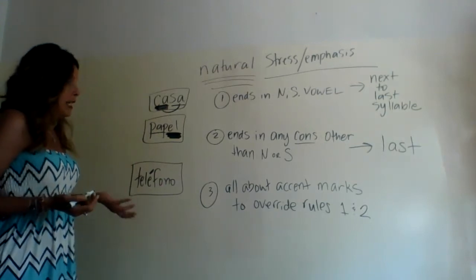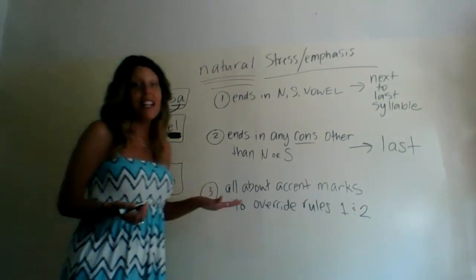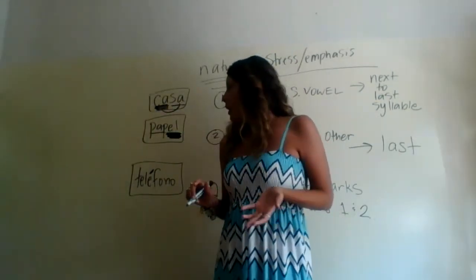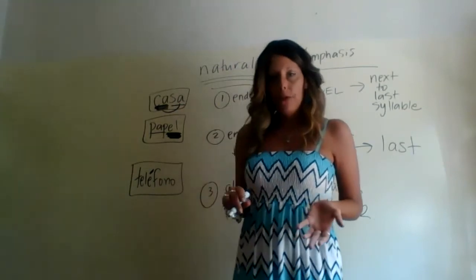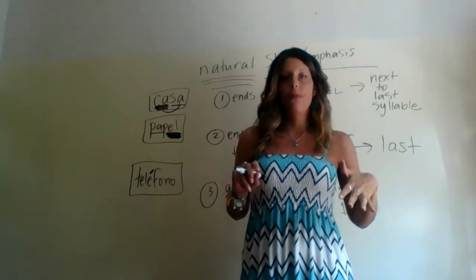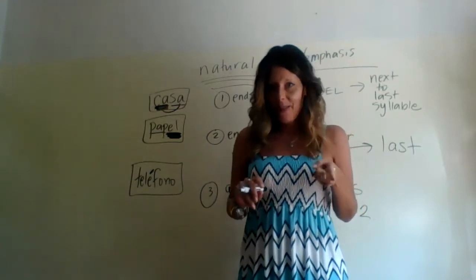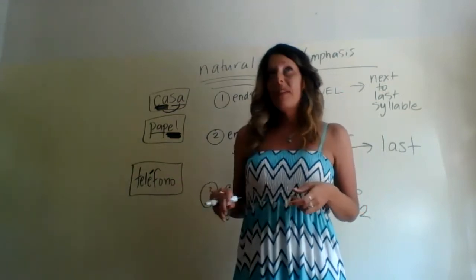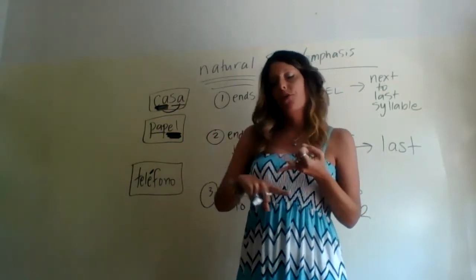We would say to ourselves, remember, we're pretending it doesn't have an accent mark right now, okay, this word, teléfono, does it fall under rule number 1 or does it fall under rule number 2? Remember, we're pretending it doesn't have an accent mark because it always has to, right?